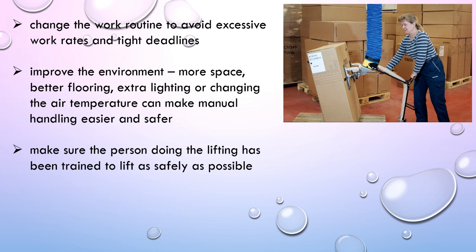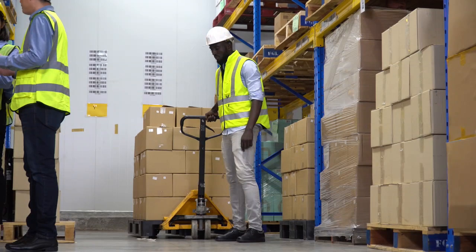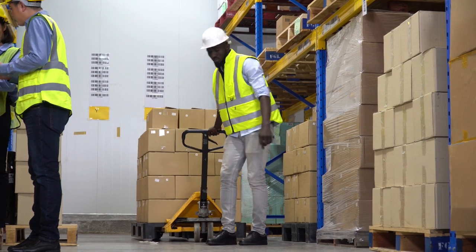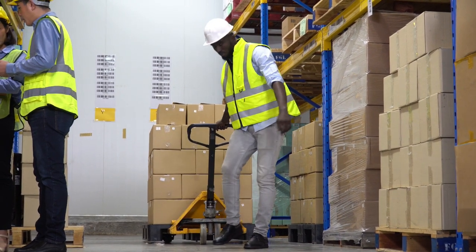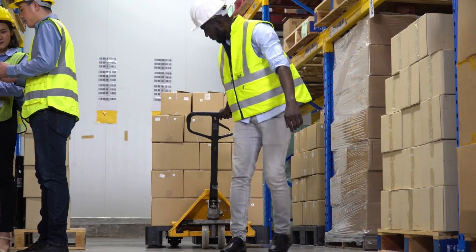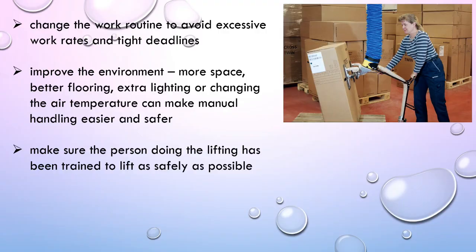Improve the environment: more space, extra lighting so you'll be able to see, better flooring so you don't slip, or changing the air temperature can make manual handling easier and safer. Make sure the person doing the lifting has been trained to lift as safely as possible.